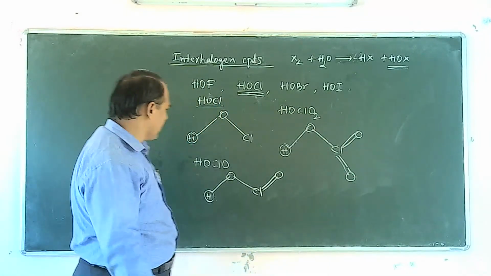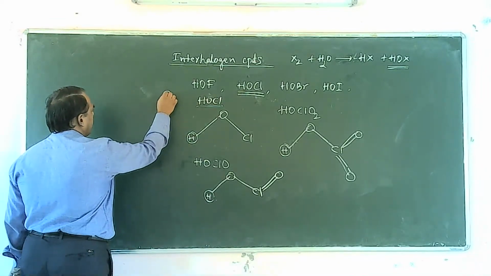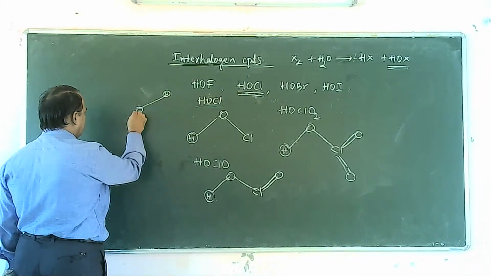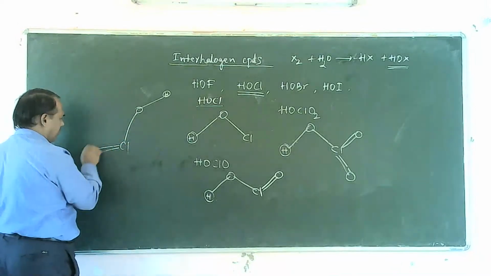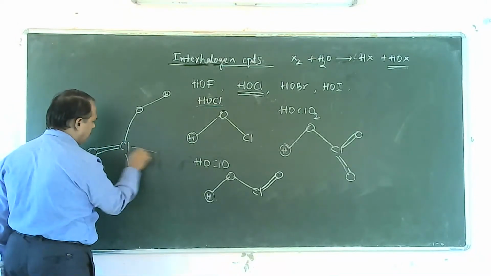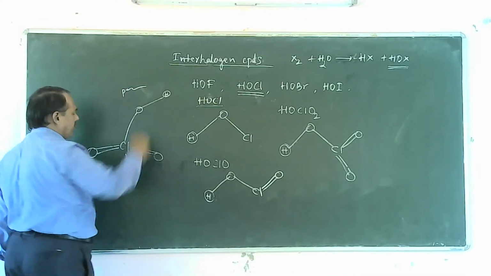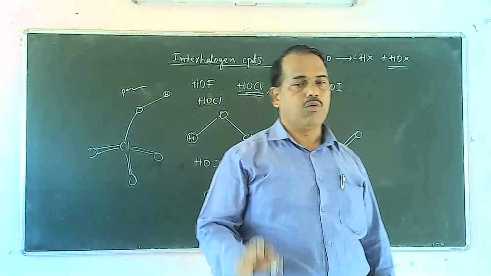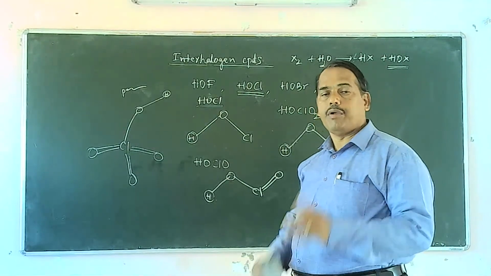Then perchloric acid, we can also draw perchloric acid. See, this is H, and this is O, then this is Cl, again three oxygen atoms, one, two, three. So this is nothing but perchloric acid. Okay. These are the structures you are going to get from your notes, and you have to copy.